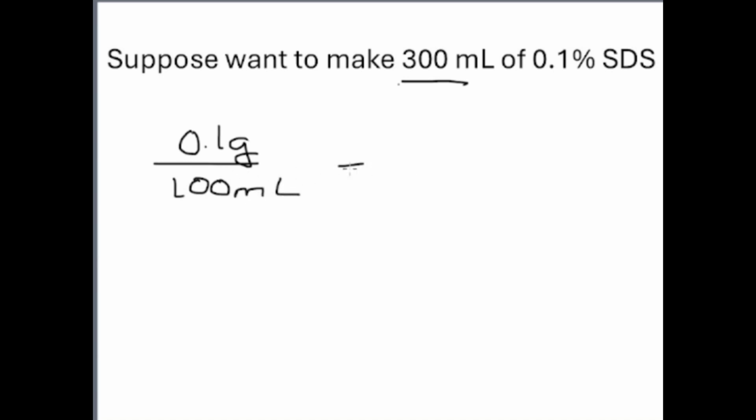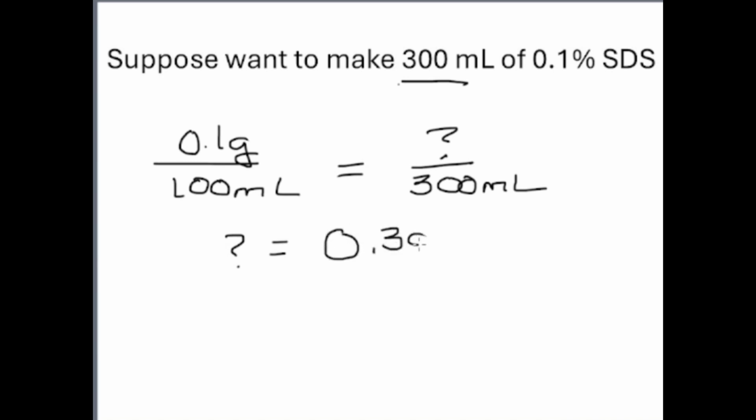So if I want 300 mils, put the 300 mils here, how much should I weigh out? Well, again, we can solve this as a pretty straightforward proportion problem. And if I solve that, the question mark equals 0.3 grams. So that's how much I would weigh out and then bring to a volume of 300 mils.